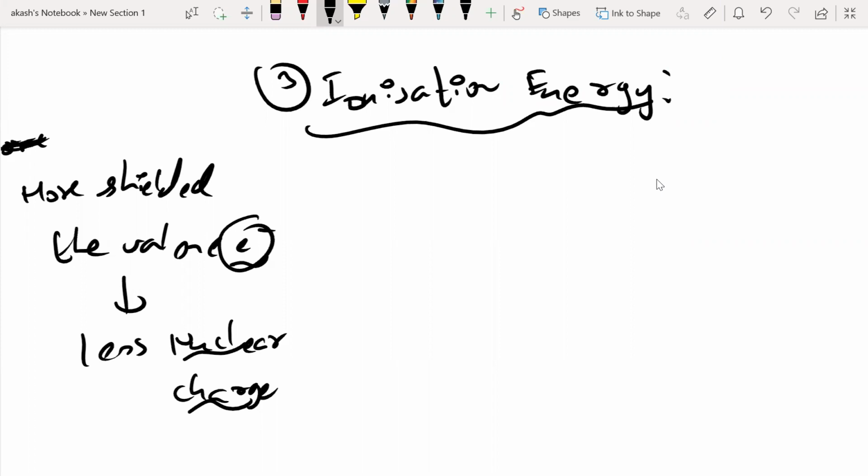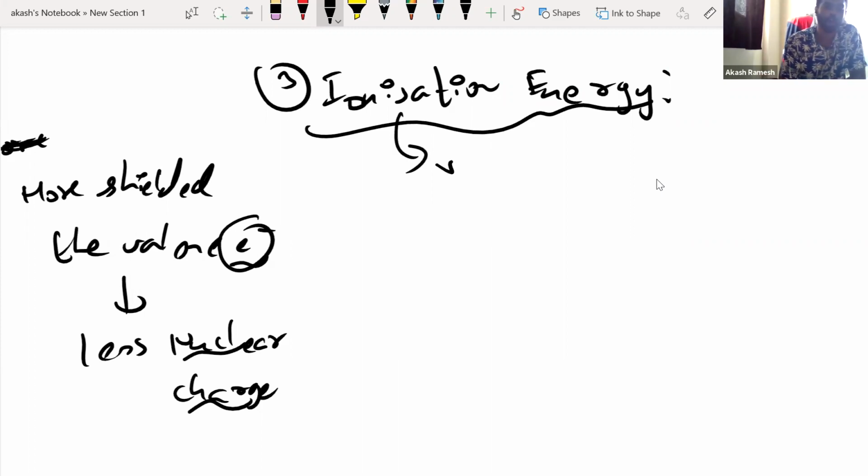Sir, in the modern definition, we talk about the valence shell. Whereas in Bohr's, he said from the first to the infinite orbit. That is the difference. In the modern definition, we talk only about the valence electrons, that is, the electron in the last shell.